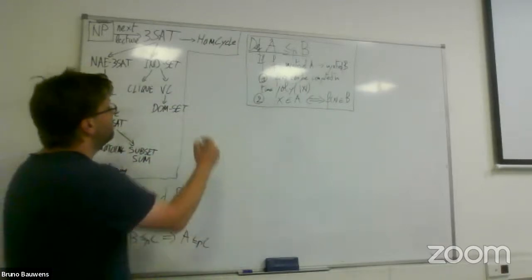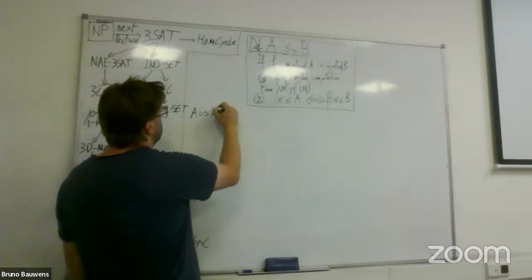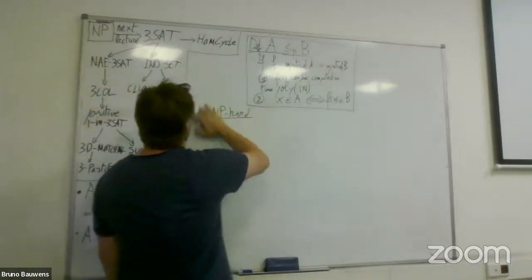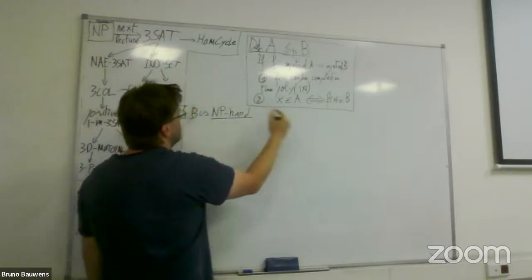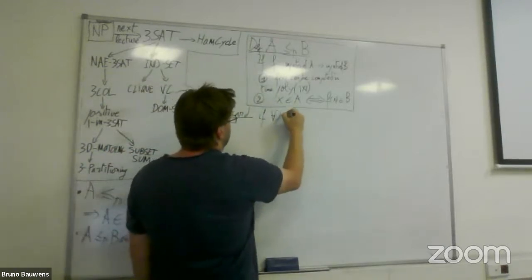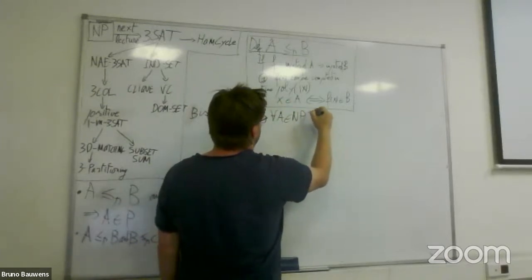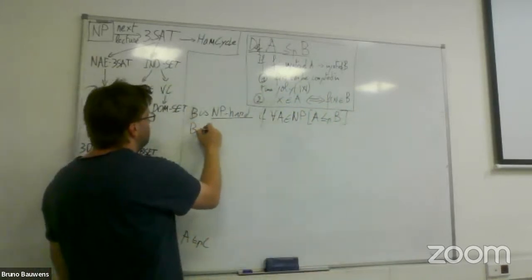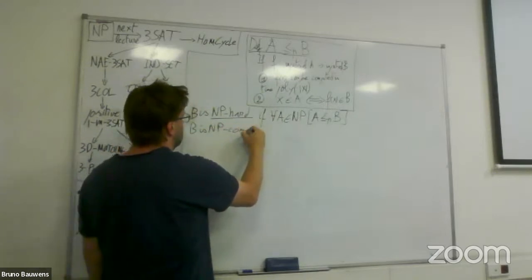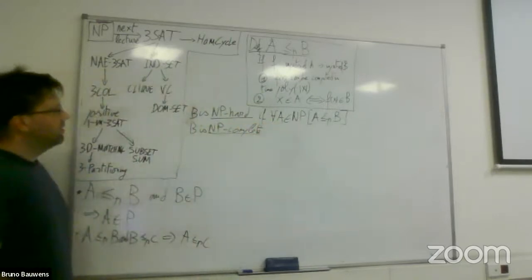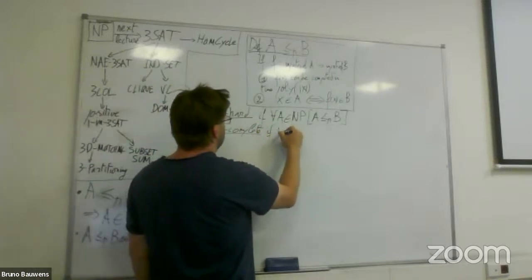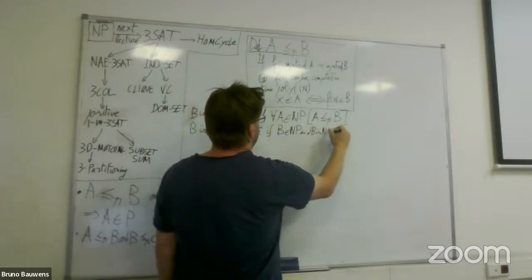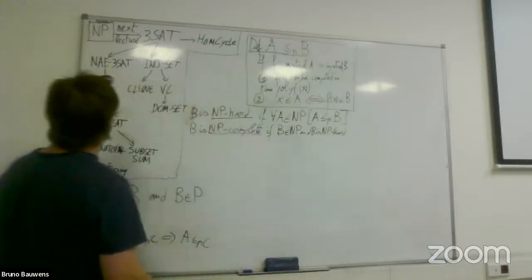We had the definition of NP-hard. B is NP-hard if for every A in NP, A polynomially reduces to B. And B is NP-complete if it is NP-hard and in NP.